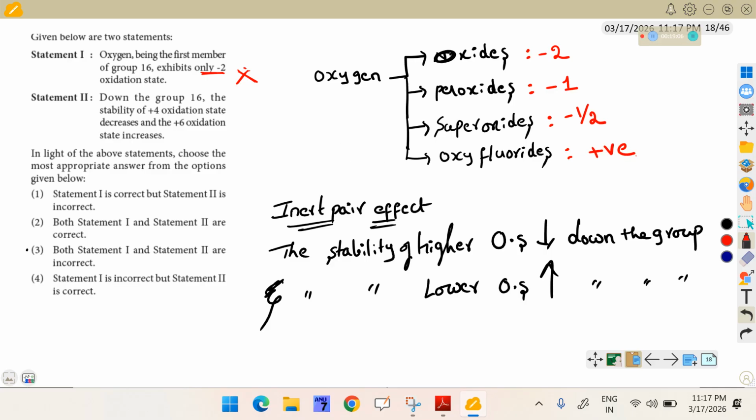Statement 2: Down group 16, the stability of the +4 oxidation state decreases and the stability of the +6 oxidation state increases. This is also wrong. According to the inert pair effect, the stability of the higher oxidation state decreases down the group and the lower oxidation state stability increases. So both statements are wrong.